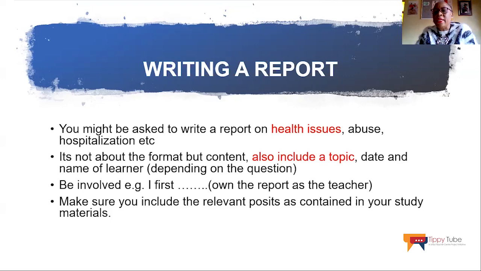If the case study indicates the name of the child, just write the topic. This is an incident, a report on the abuse incident of so and so that happened on this date. Then you write the learner's name, depending on the content of the case study.